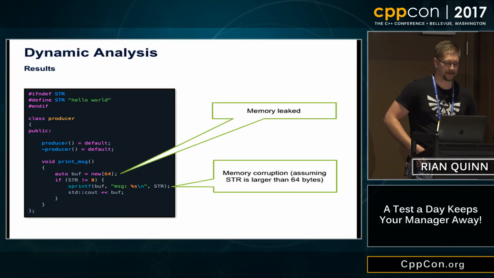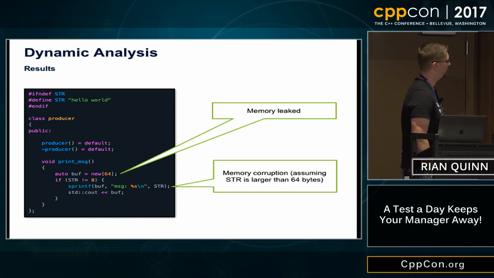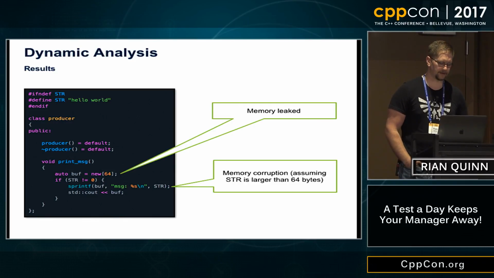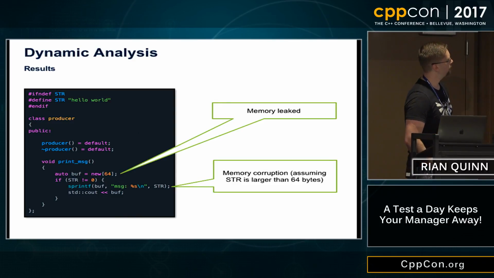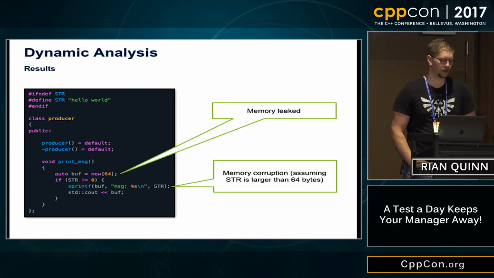And so the dynamic analysis tools here will identify that that new command is actually leaking memory, and that if the string happens to be larger than 64 bytes, then you're going to end up with a memory corruption error as well, because we can define string to be anything we want. There's a problem.